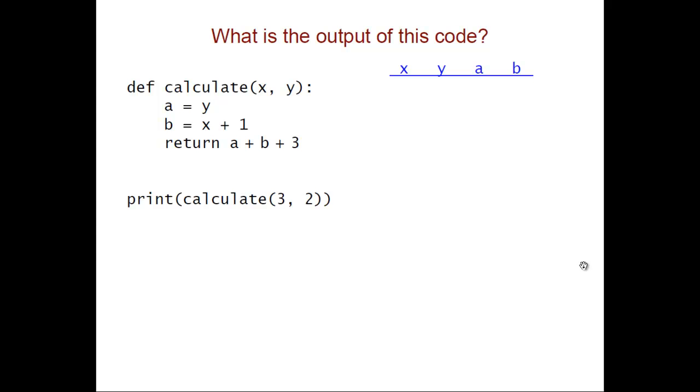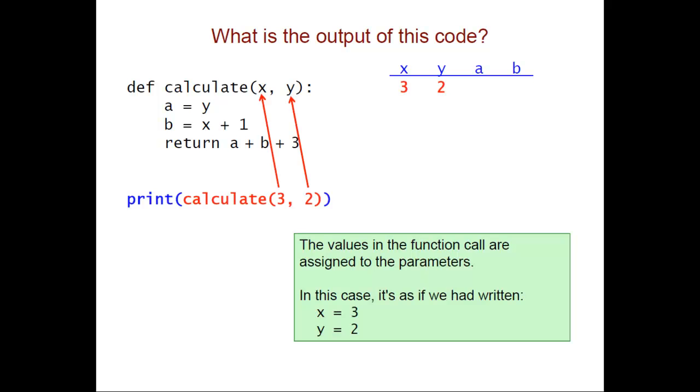So when we run this, the first thing that's going to happen is the function gets defined. That doesn't produce any output, it just goes ahead and processes that function so that Python knows about it. And then we'll come down here to the print statement. But before we can print anything, we have to make the function call. You can see here that we're passing in 3 for x and 2 for y.